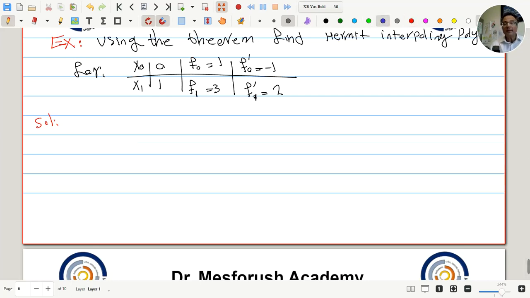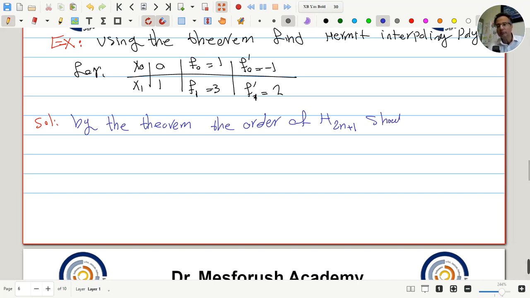Okay, by the theorem, the order of H_{2n+1} should be 2n+1. Here n is 1.